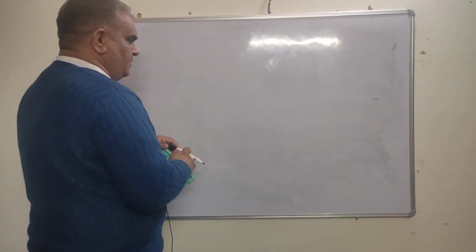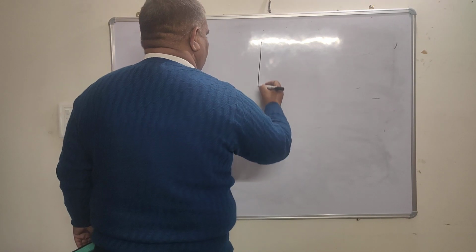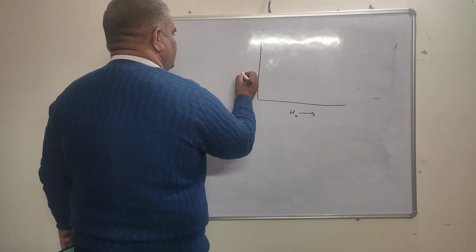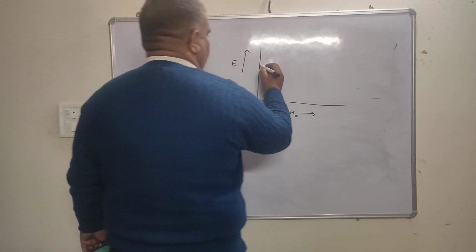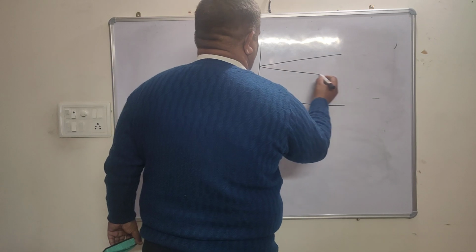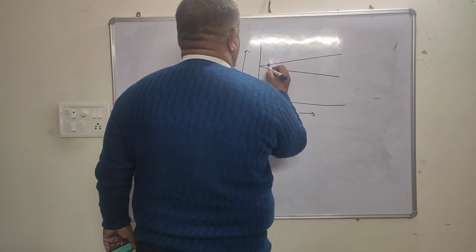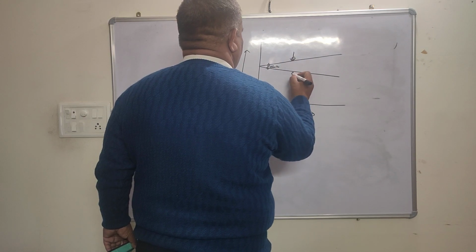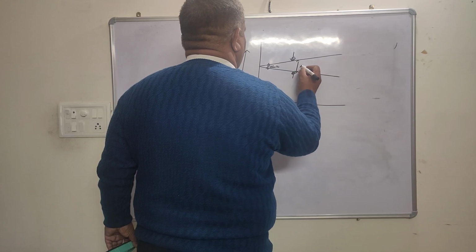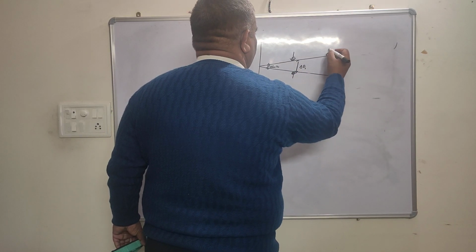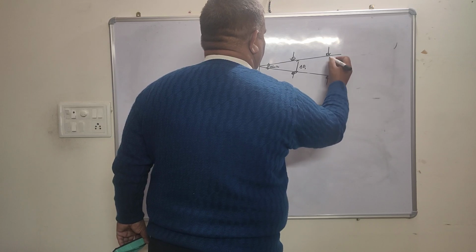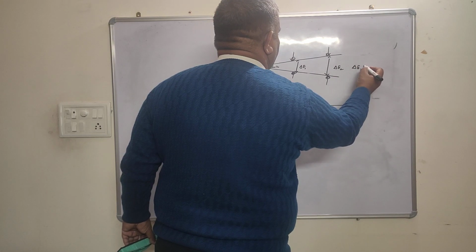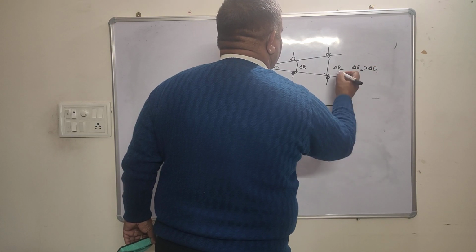If we look graphically, this is H naught, the strength of the applied magnetic field, and this is the energy. Here delta E equals 0, here delta E1, and here delta E2, and delta E2 is greater than delta E1.